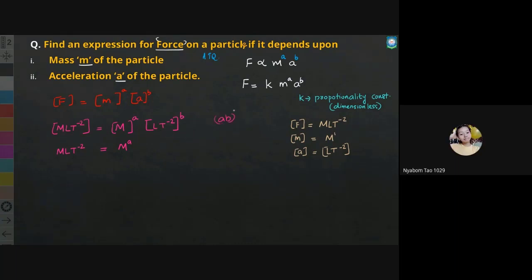Expand this. (AB) raised to h, expand this: A raised to h into B raised to h. So apply this logic here. Then L T raised to minus 2 raised to b will be L raised to b into T raised to minus 2b. Is that clear?